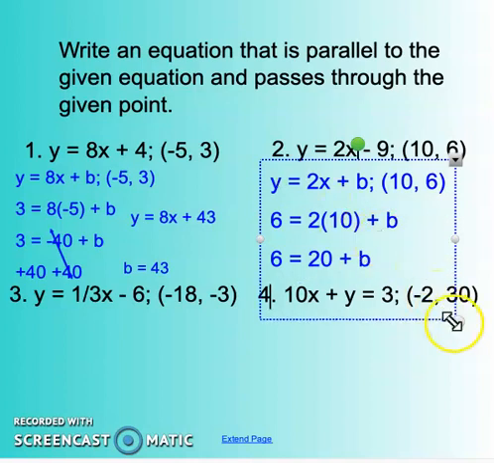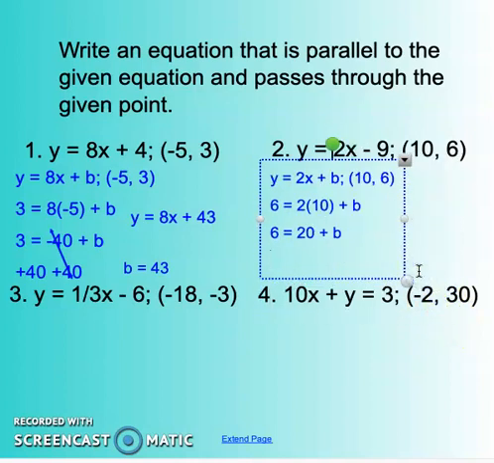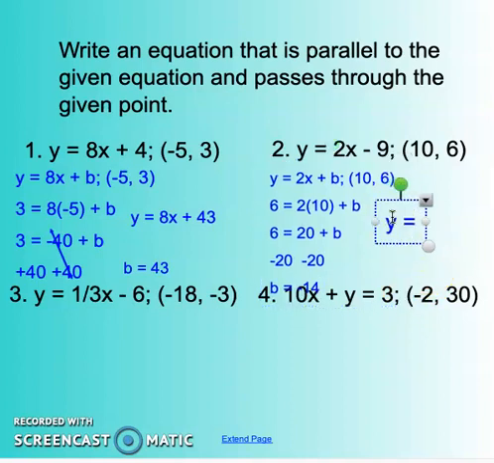If we do the inverse, we would be subtracting 20 on both sides. If I subtract 20, now we get b is equal to -14. With -14 for my y-intercept, my equation that's parallel to this would be y equals 2x minus 14.